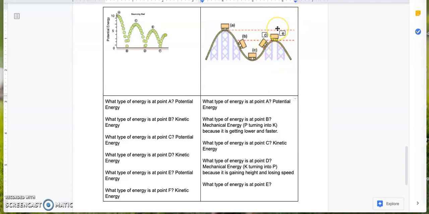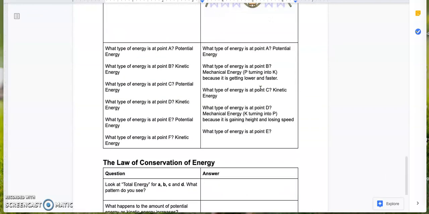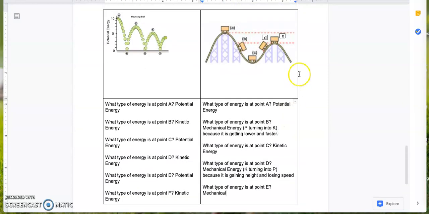Then at E, which was our old D up here, we said that it had both again. So if it has both, it's got to be mechanical. And at this point, we're not really sure if it's on its way up or down, so we just need to leave it as mechanical energy.